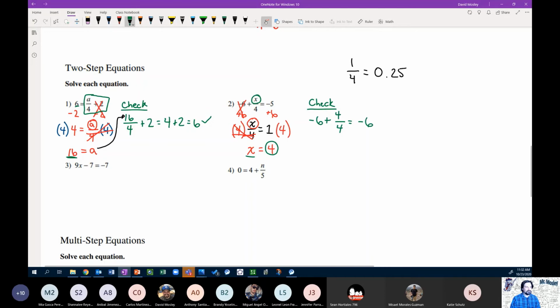Negative 6, plus 4 divided by 4 is 1. Negative 6 plus 1 is negative 5. And that's what we wanted. I needed negative 5 as the result. Okay.